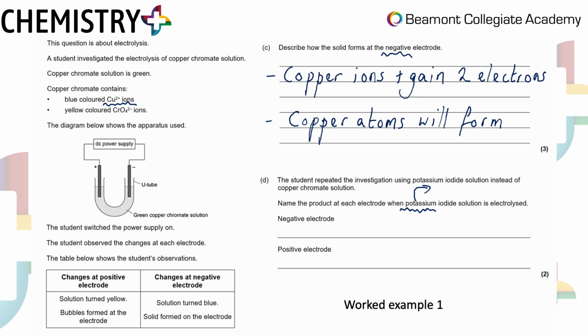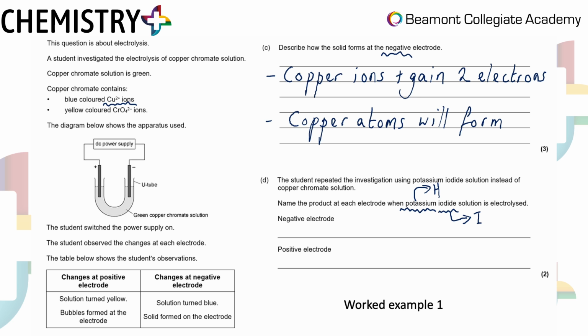So hydrogen is going to be discharged because of that. And I know that iodide is iodine, so that's a halogen. So iodine is going to be discharged. Let's put that into the answer.